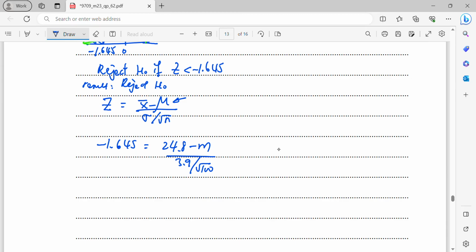So from here, this whole term I move up. I will get negative 1.645 times 3.9 over square root 100, which is basically 10, equals 24.8 minus m. Then now I can get my m by moving the negative m to the right side, and the rest of the terms will be moved to the other side.